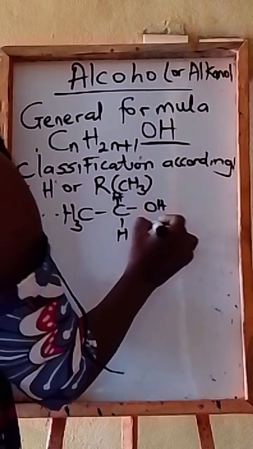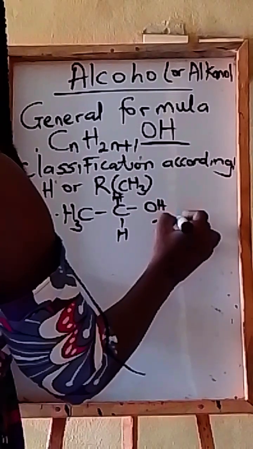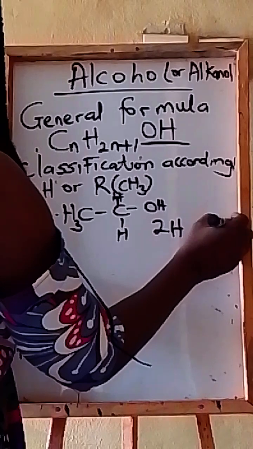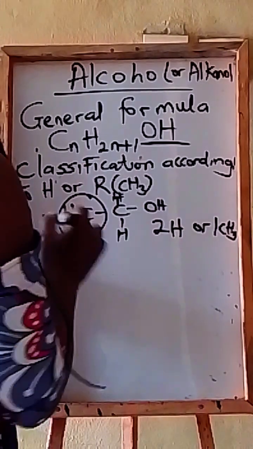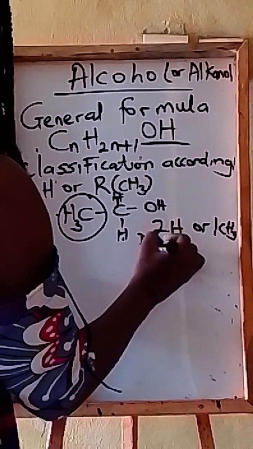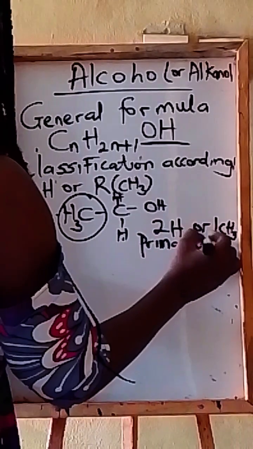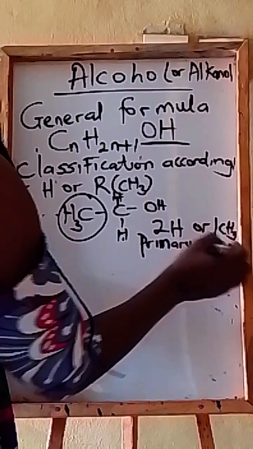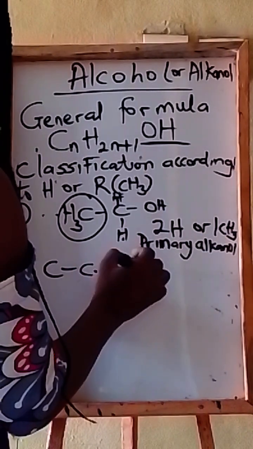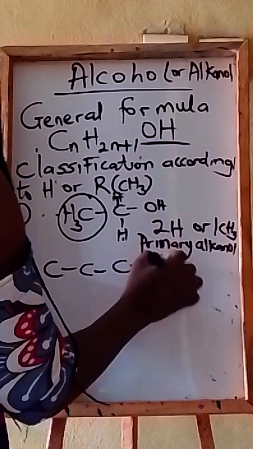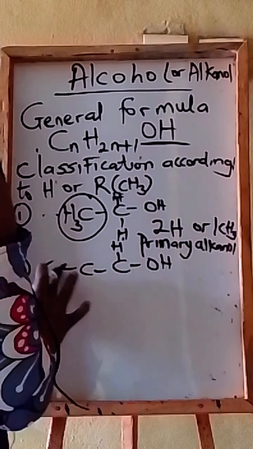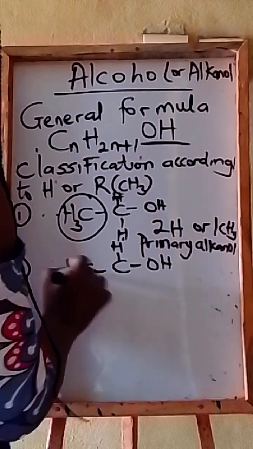So when we have 2H and 1CH3, like this, we call it primary alkanol. Then when we have something like this, 1, 2, 3, we have OH, we have H. Let me just continue using a typical example.